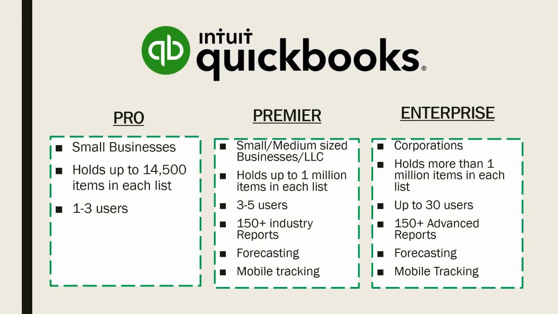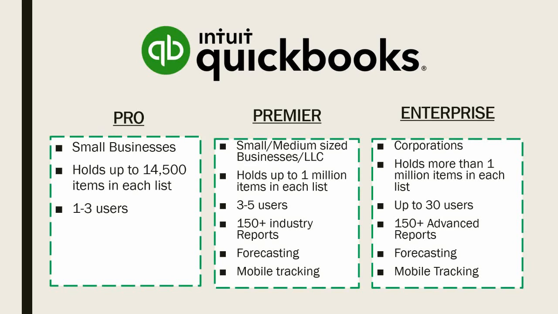Now, when we talk about that, think about it. If a small company can hold up to 14,000 employees or 14,000 customers, right? You can see as a small business, that's a lot of room. That's a lot of people in your business.